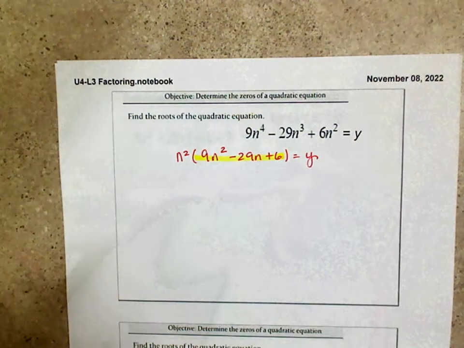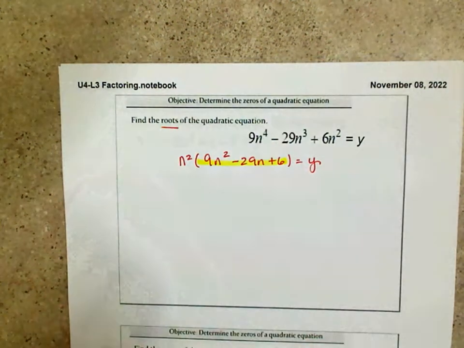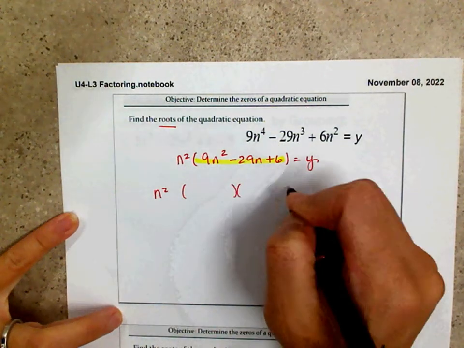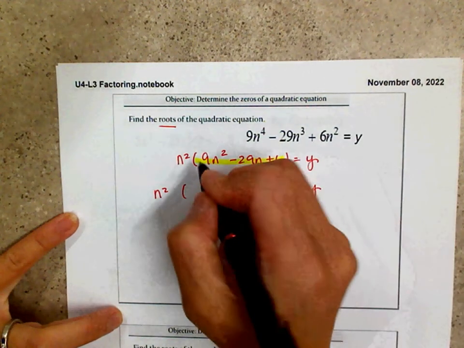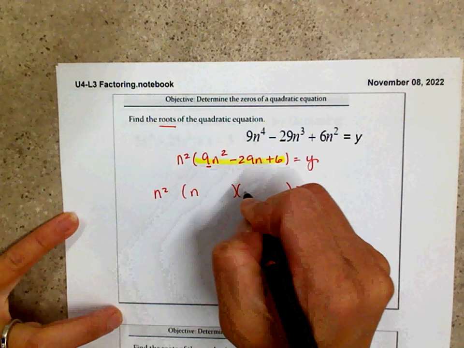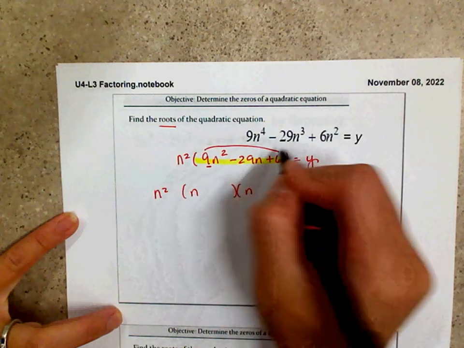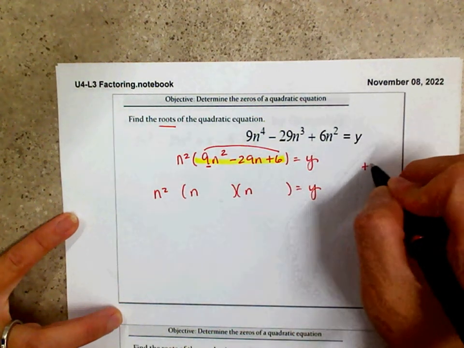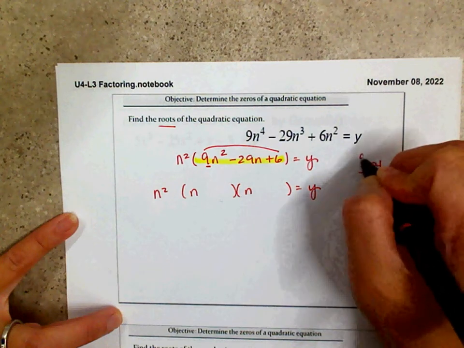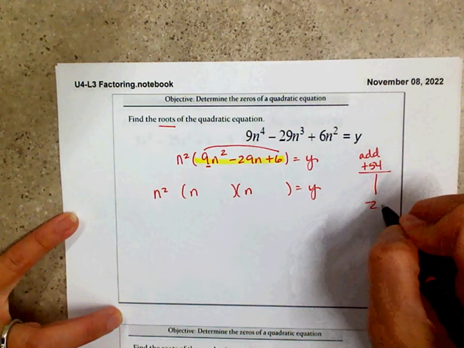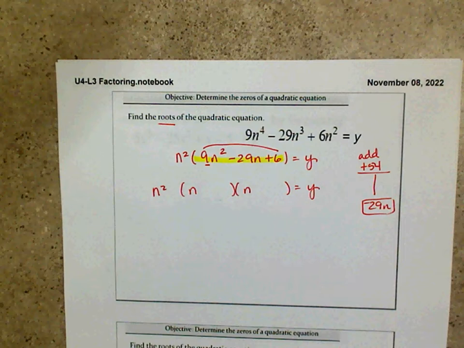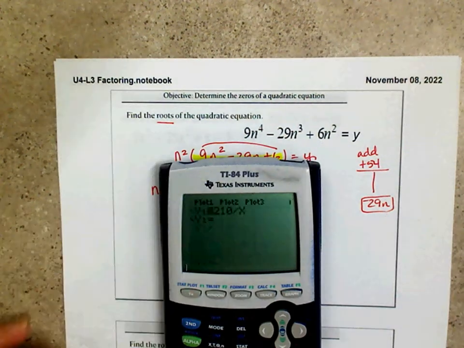Sounds good? Bring down that n squared, two sets of parentheses. Okay. That 9 is going to come later. n and n. 9 times 6 is positive 54. And I want two numbers to add up to give me negative 29. Okay. All right, what are some numbers? If you don't know, go to your y equals, second table.